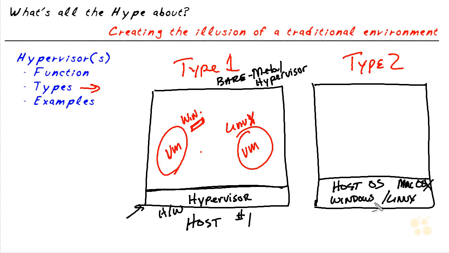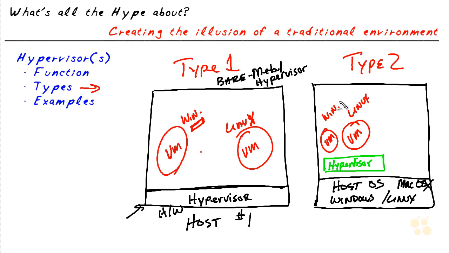But then on top of that, we'd run a separate application, and that separate application would be our hypervisor. Specifically, our type 2 hypervisor that's running on a computer that's currently being managed by a host operating system, like Windows, Linux, or Mac.